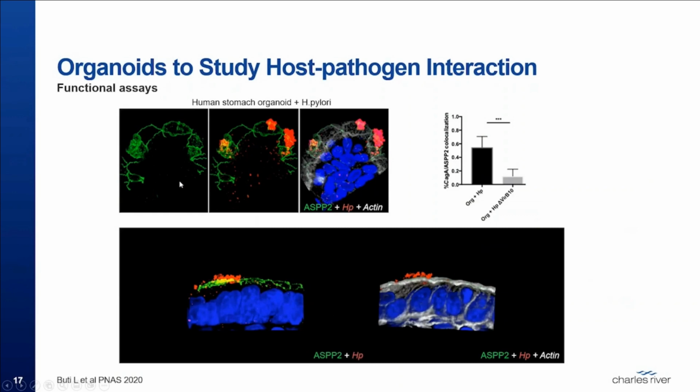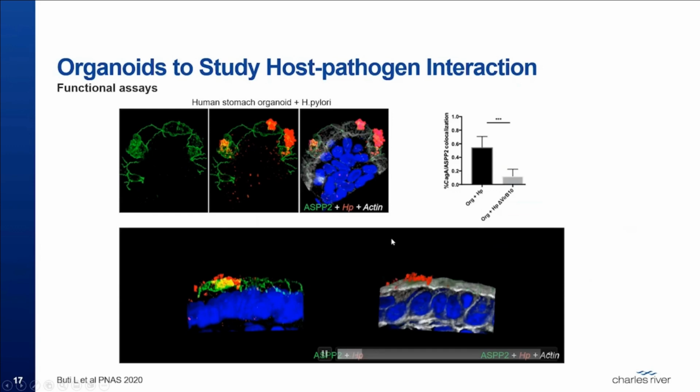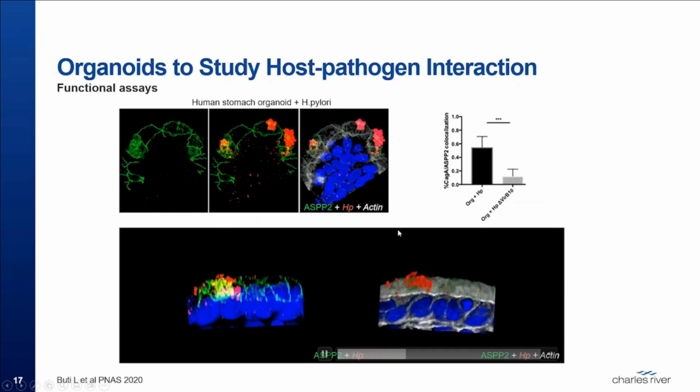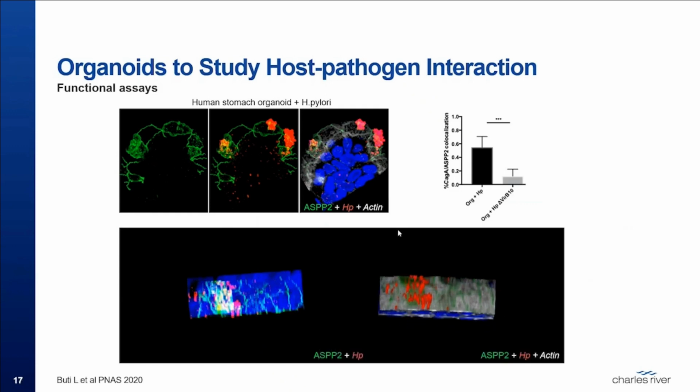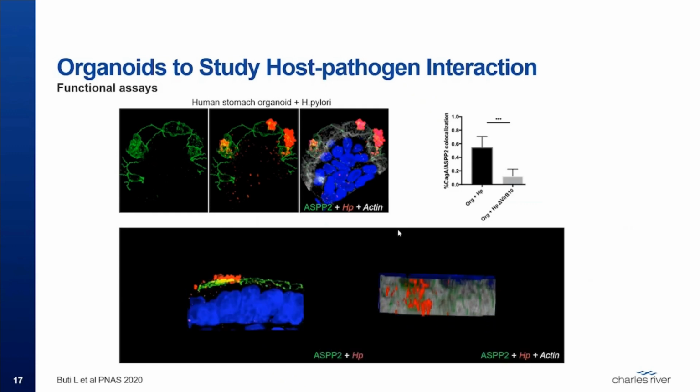So in this work, we were looking at the activity of ASPP2 during the infection with Helicobacter. And here you can see that upon infection, ASPP2 relocalizes at the site where the bacterium is attached to the cell, while in non-infected cells or non-infected organoids, ASPP2 nicely localizes at the tight junction. And this is perhaps even more clear in this 3D reconstruction. Now, based on this observation, we decided to set up a screen to find small molecules that could inhibit this phenotype.